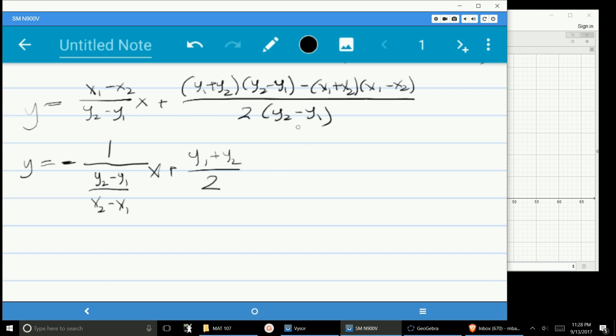and then I get minus x1 plus x2 over 2 times x1 minus x2 over y2 minus y1. So I just put the 2 over that one and this one over that one, right? It's two fractions.